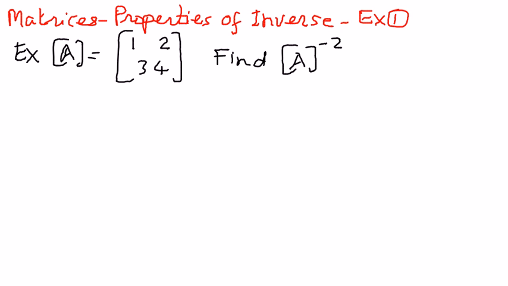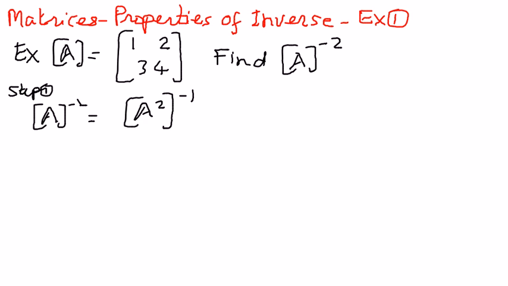Okay, so in here the way to do that is as follows. We will write that as step number 1. A to the power of -2 we can write as A to the power of 2, the whole thing raised to the power of -1, isn't it?